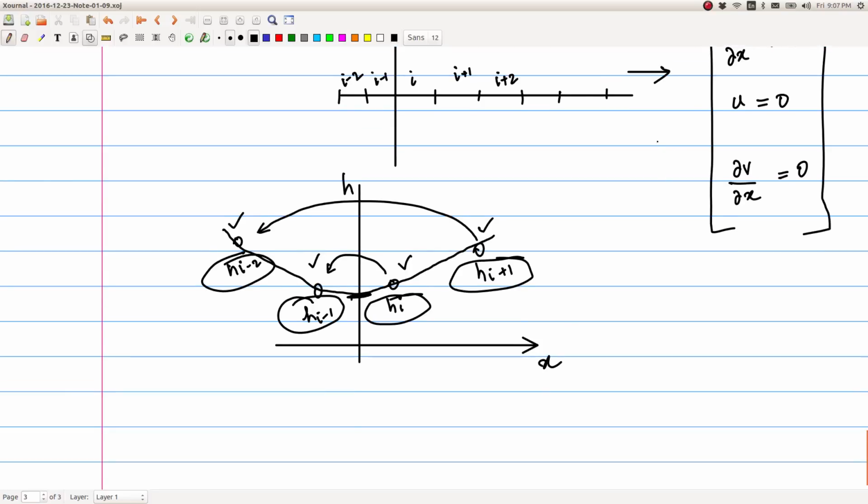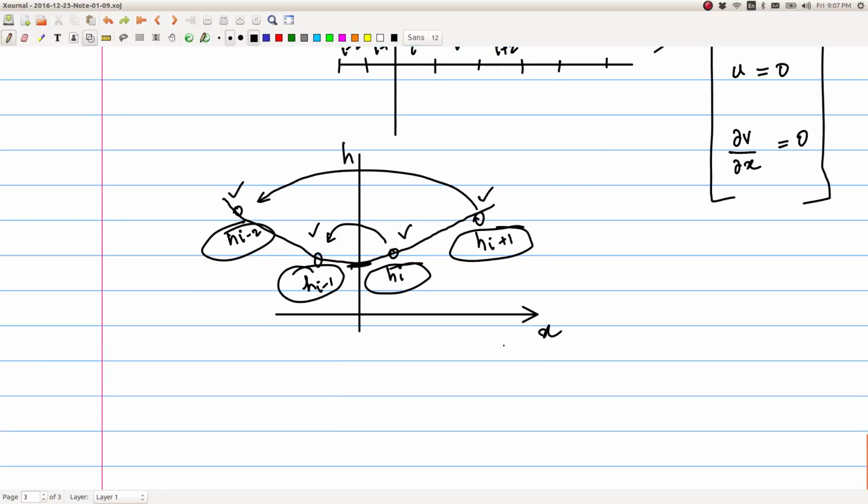The second thing we want to imply is u is equal to 0. What does it mean, and how do we apply that boundary condition? Let us say, I should draw this horizontally. Let us say this is u, and this value is known and this value is known.